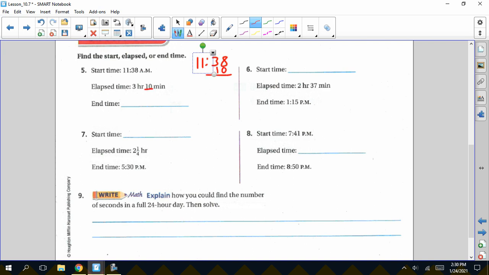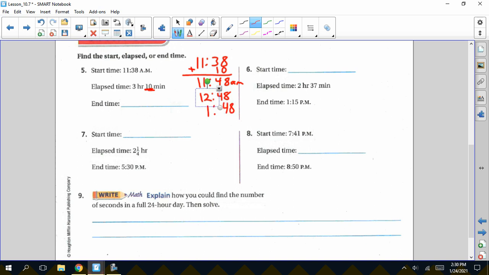So if I added 10 minutes to 11:38, we know we're going to be at 11:48 a.m. And now I'm done with my 10 minutes. Now I need to count my 3 hours. So if I'm jumping 3 hours, I'm thinking 1 hour is 12:48. Another hour is not 13, remember, it changes, so it flips back to 1:48.